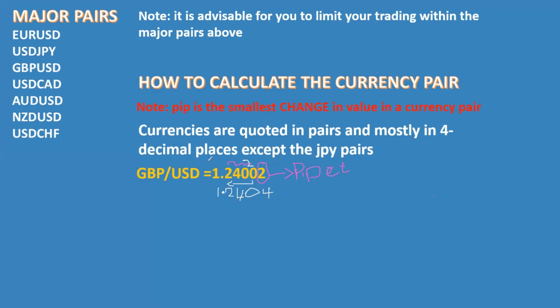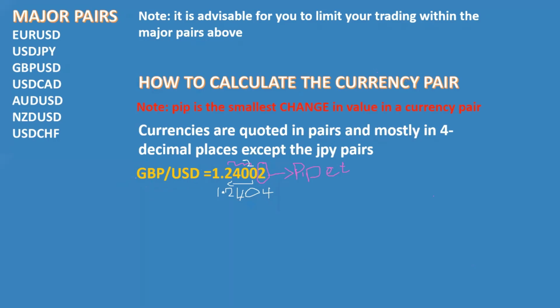Another thing is about the base currency. The first currency in this currency pair is called the base currency, while the USD here, the second currency in a currency pair, is called the quote currency.